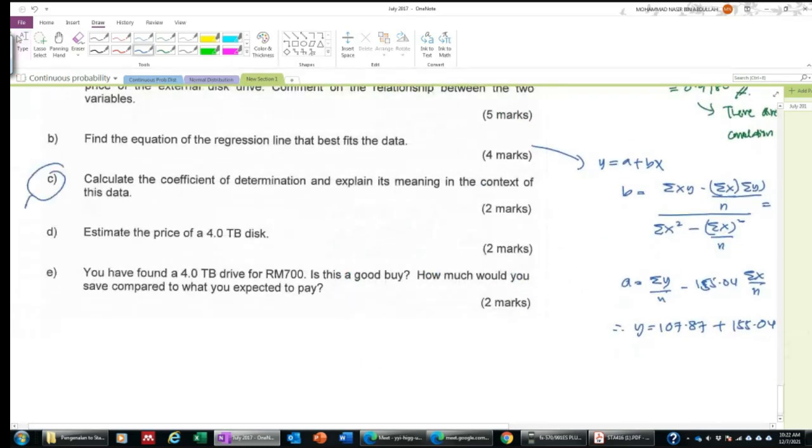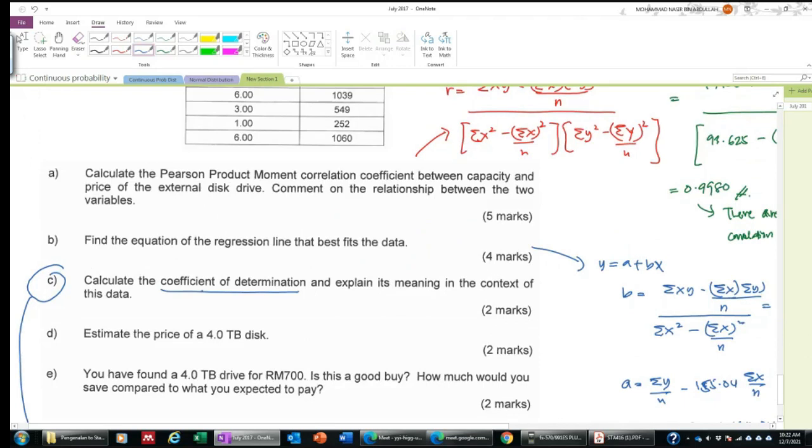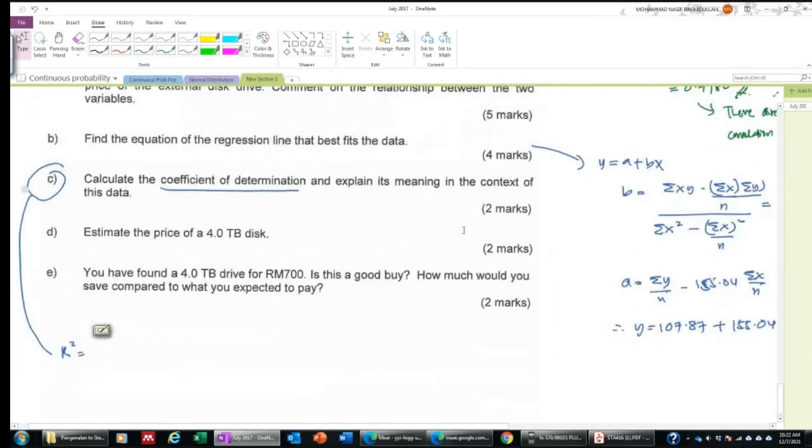C. Find the coefficient of determination and explain its meaning in the context of the data. So the coefficient of determination is R squared. Our R is 0.9980, so 0.9980 squared.